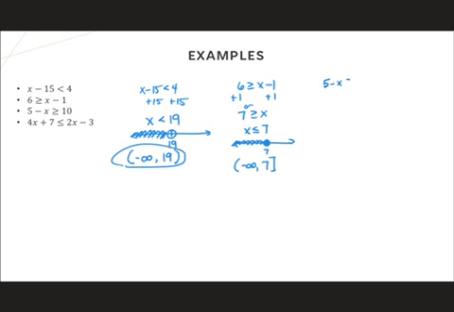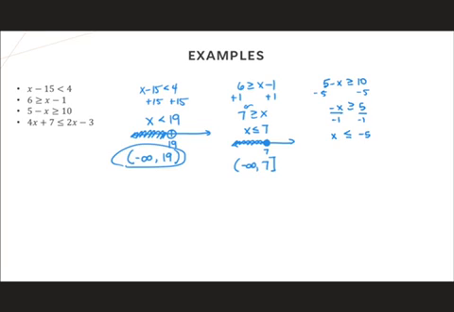Five minus x is greater than or equal to 10. I'm going to subtract 5 from each side. So negative x is greater than or equal to 5. Then I have to divide by a negative 1. So I have a positive x, I have a negative 5, but because I divided by a negative value, this inequality now becomes less than or equal to rather than greater than or equal to.